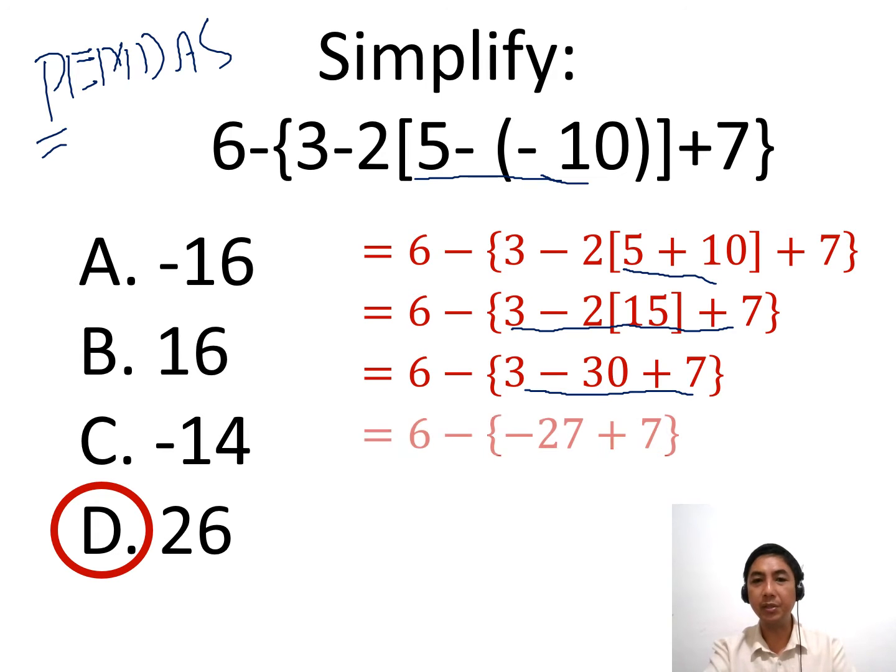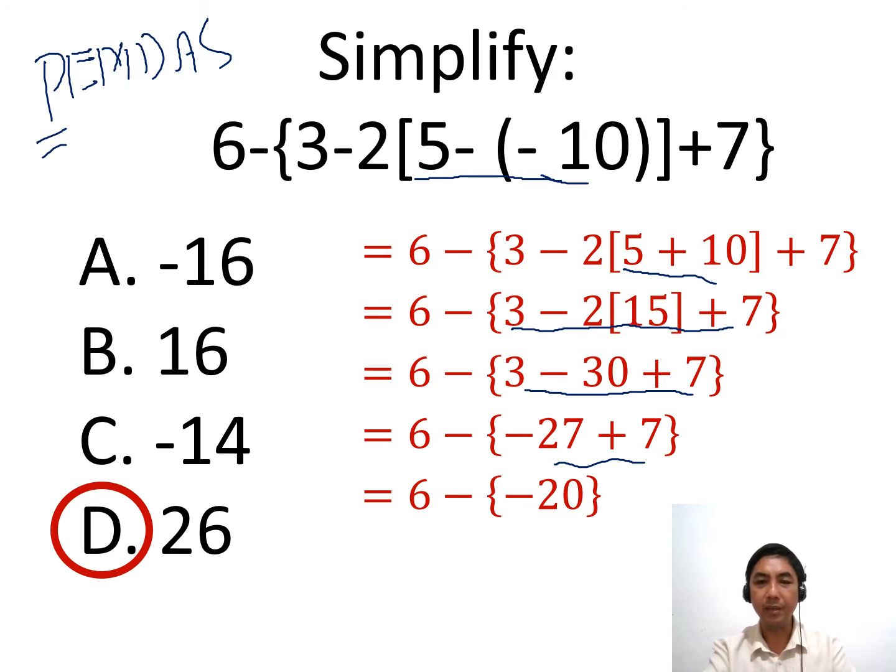So 3 minus 30 is negative 27, and then plus 7. You subtract 27 by 7, but you copy the sign of the bigger absolute value, which is 27. So negative 27 plus 7 is negative 20.